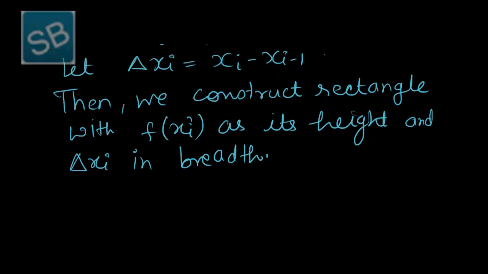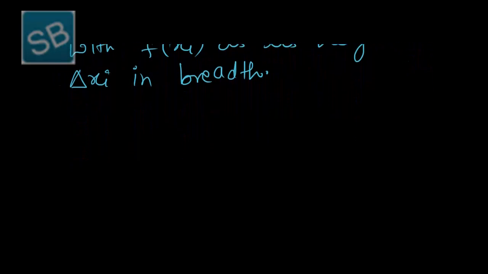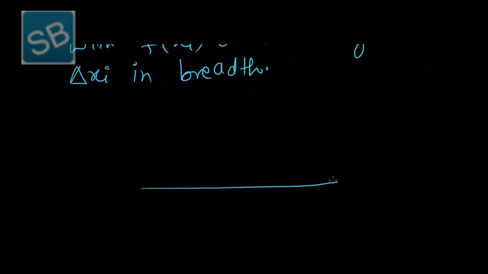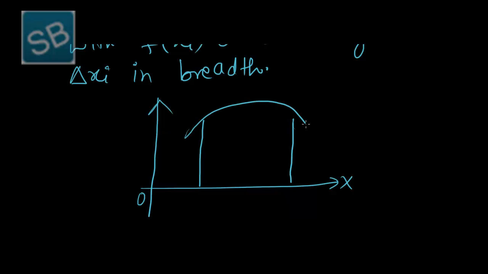That is, in the figure, just see, this is the x-axis, this is the y-axis and this is the origin, and we have the curve like this, with x = a, x = b and y = f(x).